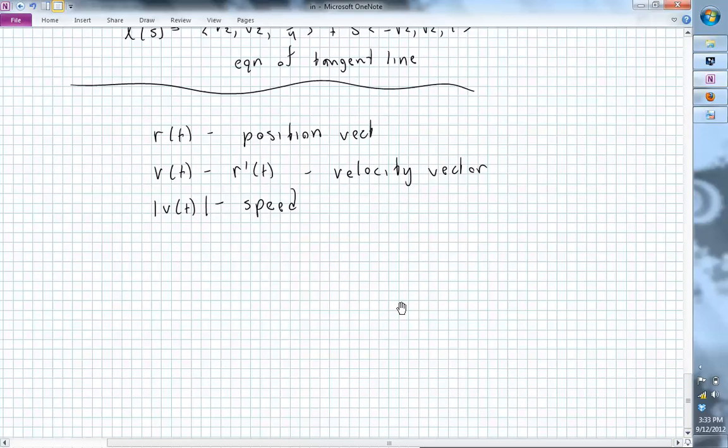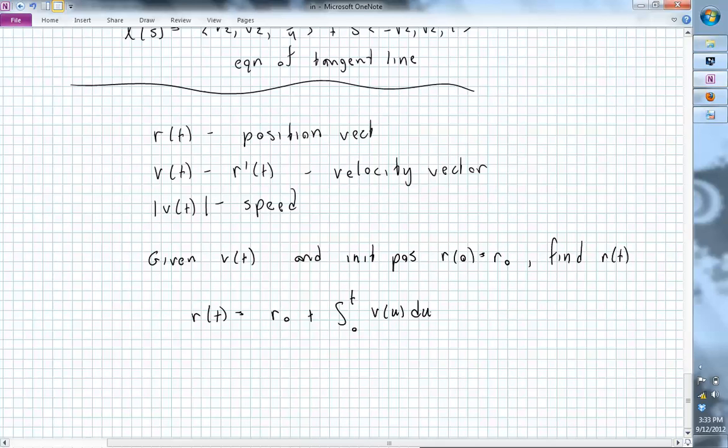Let's suppose I'm given v of t and an initial position, and I want to find r of t. It works the way that you would hope. R of t is equal to the initial position r0 plus the integral from 0 to t of v of u du.